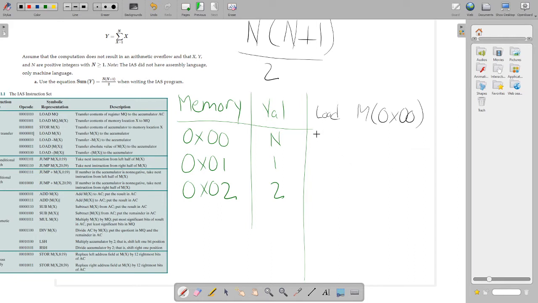And then what else should we do? Somebody was saying n plus 1, right? So the next thing we'll have to do is add to n, which we've just stored in the accumulator, the 1 at memory address hex 1. Is that clear so far, that this puts n into the accumulator and then this adds 1 to it, and then n plus 1 gets stored in the accumulator?